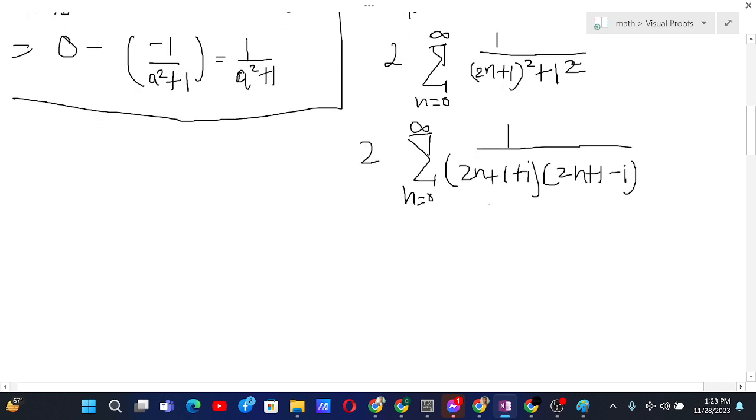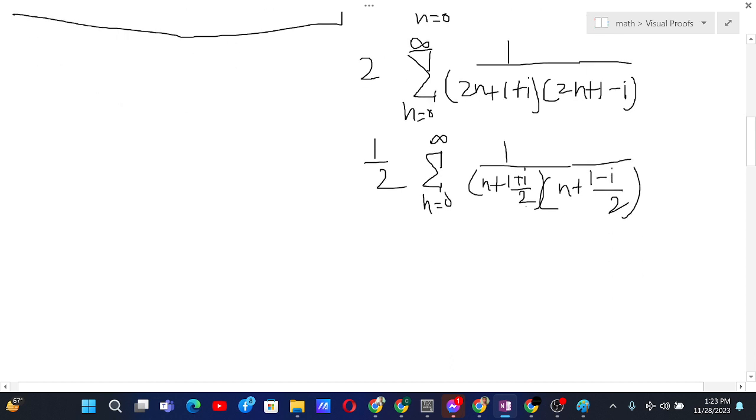And after this we can take out 2 common, so that we will have 1 by 2 over here, and sum from n equals 0 to infinity, 1 by n plus 1 plus i by 2, and n plus 1 minus i by 2.